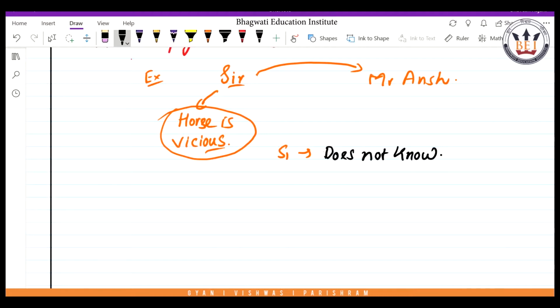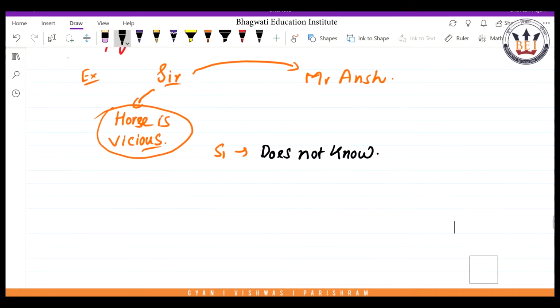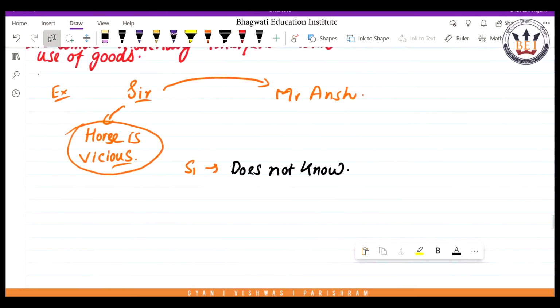I give it to my friend Ansh for riding it. Ansh is injured, obviously. Ansh is injured. So in this case, when I do not know about it, am I liable?